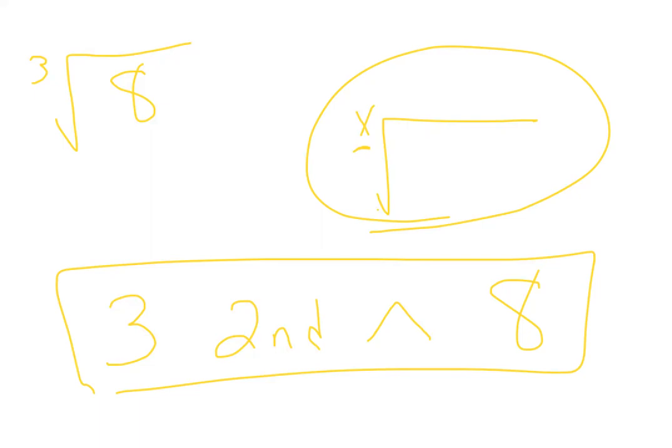Now, on a TI-84, you're not going to get to it quite as easy. On the TI-84 and 83, you want to hit the math button. It's on the left-hand side, third button down.